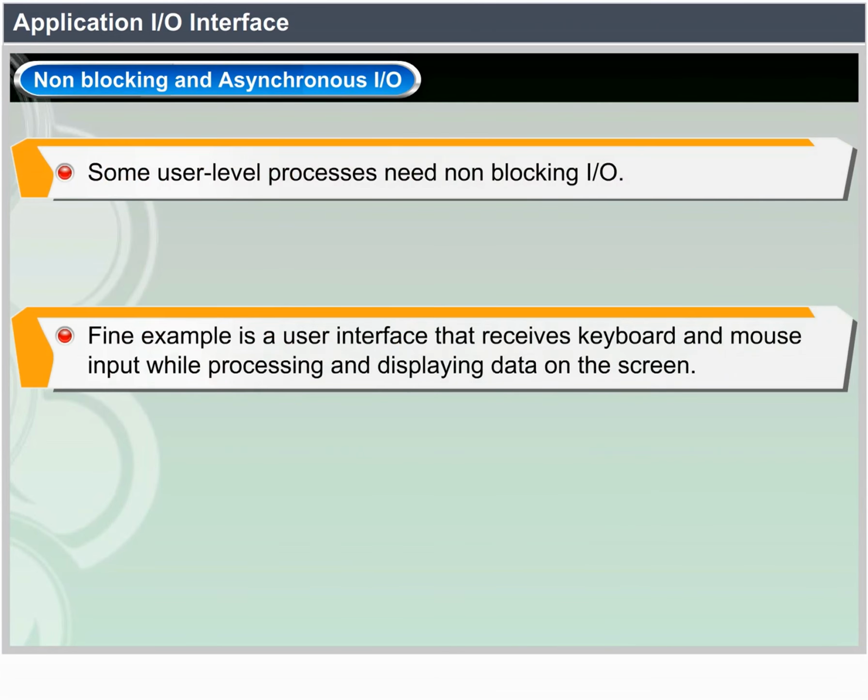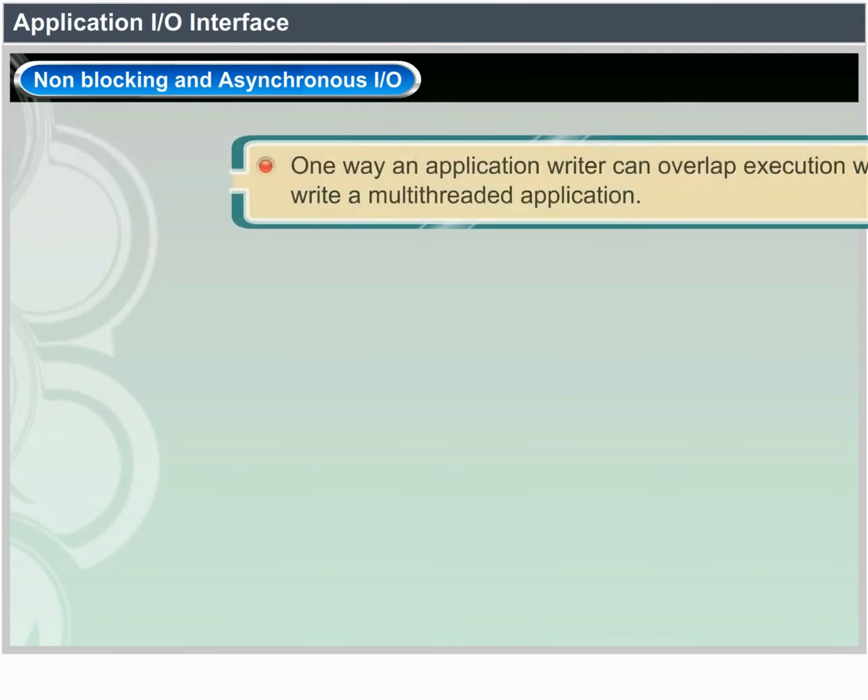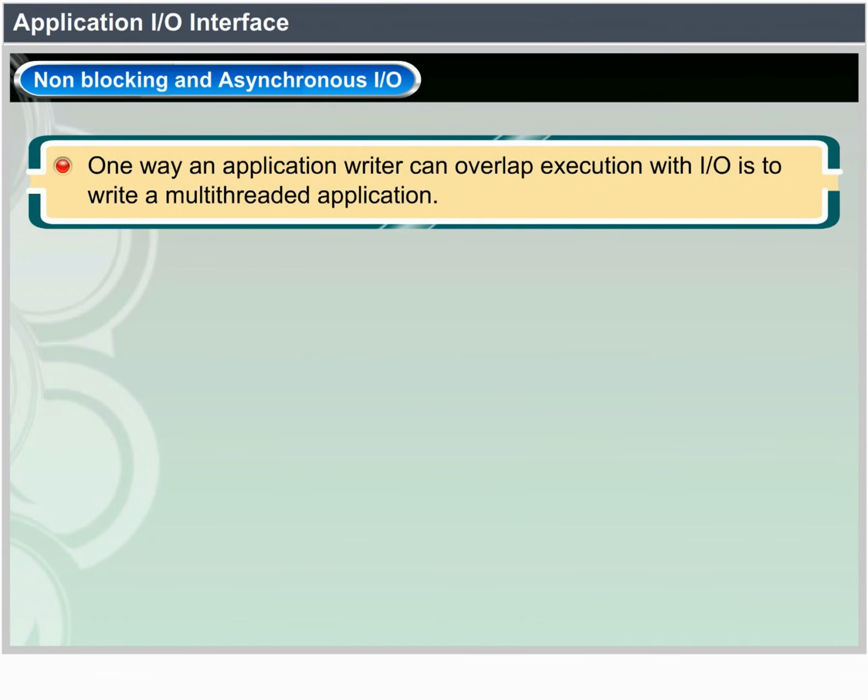One example is a user interface that receives keyboard and mouse input while processing and displaying data on the screen. Another example is a video application that reads frames from a file on disk while simultaneously decompressing and displaying the output on the display. One way an application writer can overlap execution with input-output is to write a multi-threaded application.